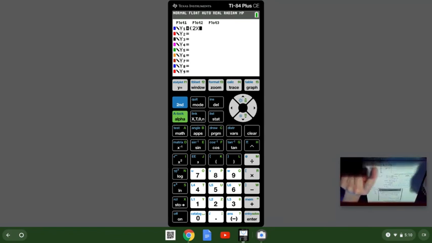2x minus 1. So the function part is in its own parenthesis. And then our inequality, x is less than or equal to 1, is in its own parenthesis. The less than or equal to is under second math, which is test. We wanted less than or equal to 1. So there's the first piece of my piecewise function. And then I'm going to add on the second piece.